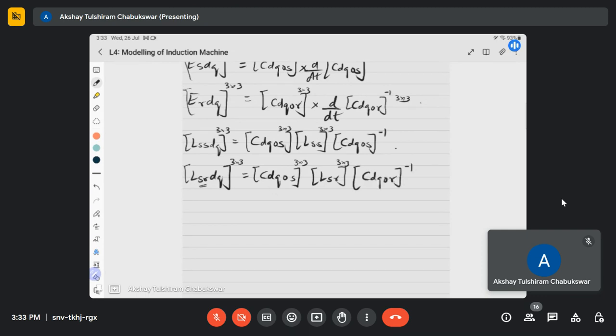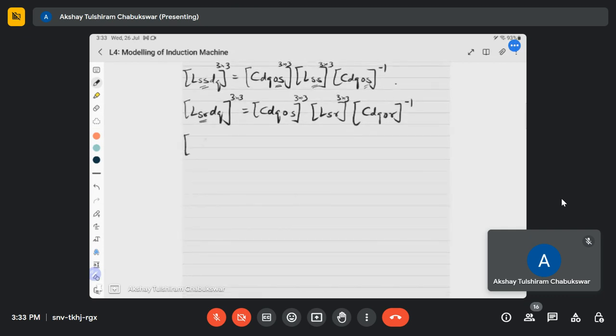You observe the pattern. For L_SS, it was C_dq0s into original L_SS into C_dq0s inverse. So let me first write, then we'll see the similarity. L_RS dq is nothing but 3 cross 3. What is it?